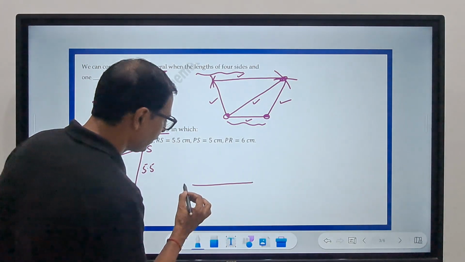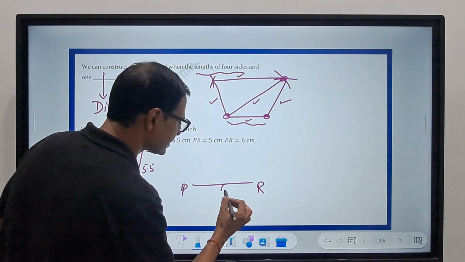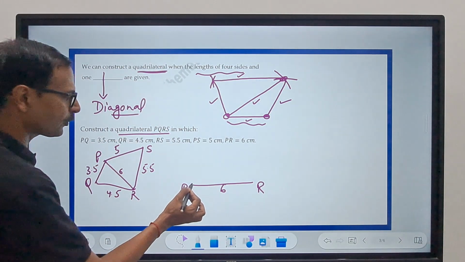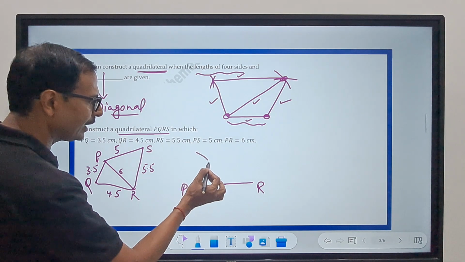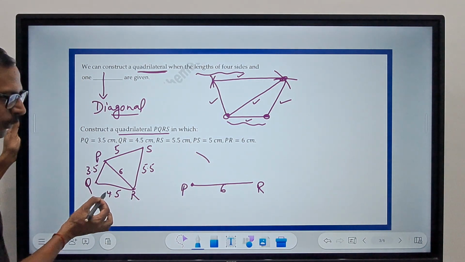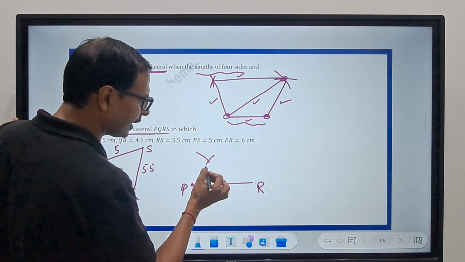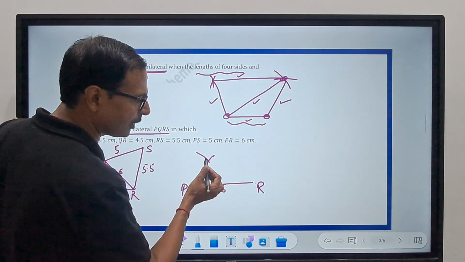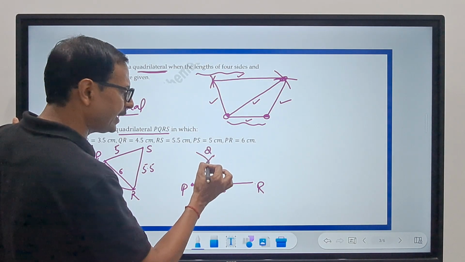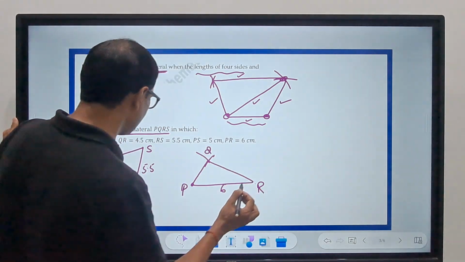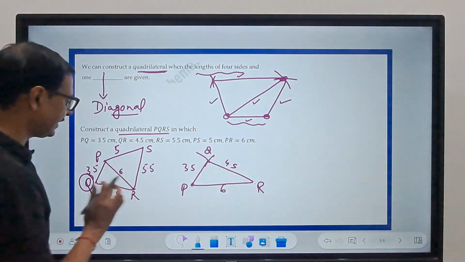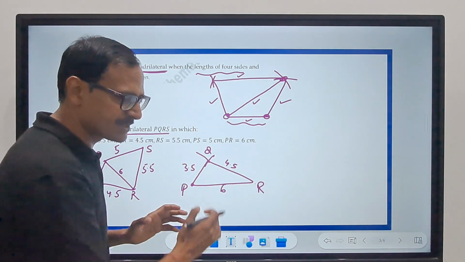So if I draw PR as 6 centimeters, then PQ is 3.5. So from P I will mark an arc with 3.5 radius, and RQ is 4.5. So from R I will mark an arc with radius 4.5. So I will get this point Q. I will join it with P and R. So automatically this will be 3.5 and this will be 4.5, because that's how I marked the arcs.